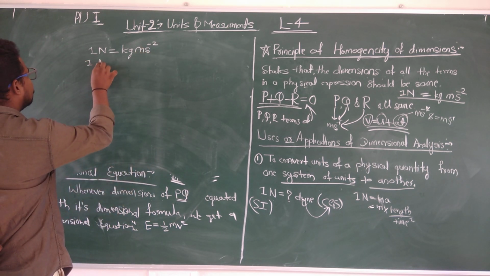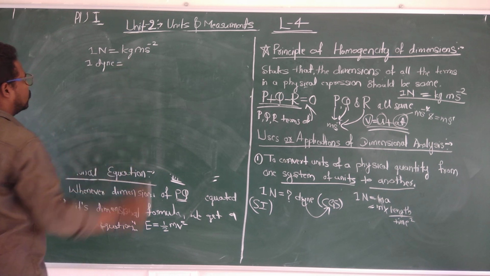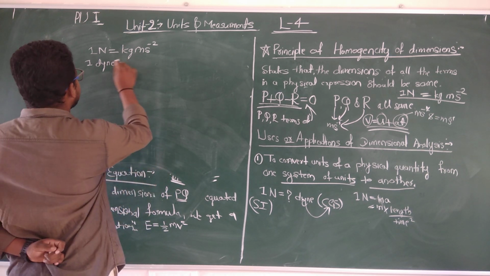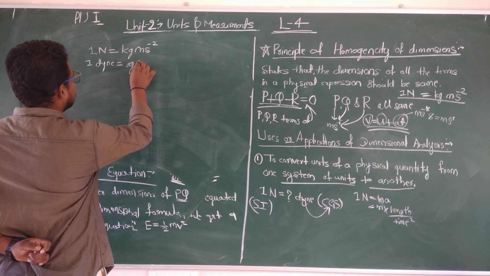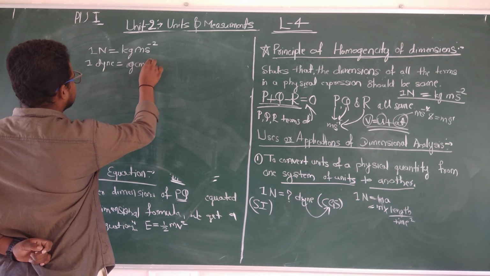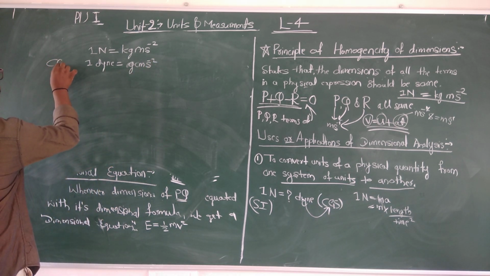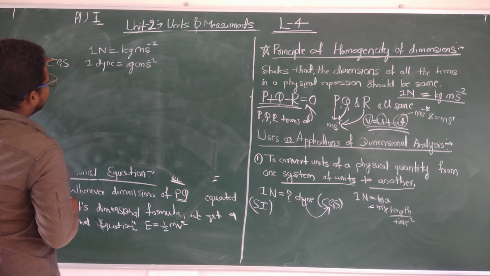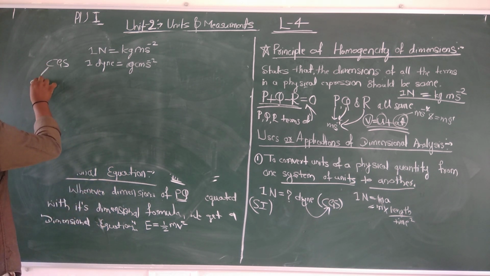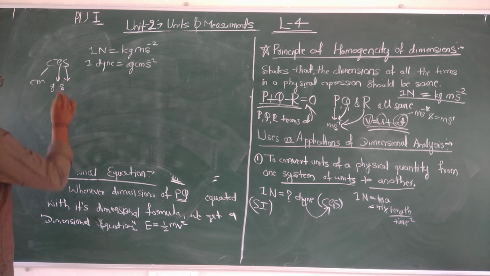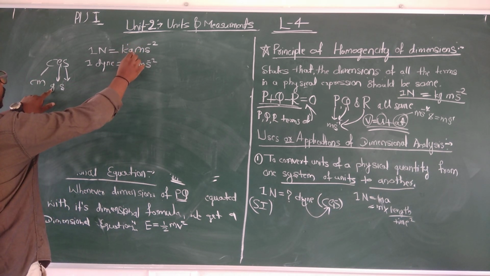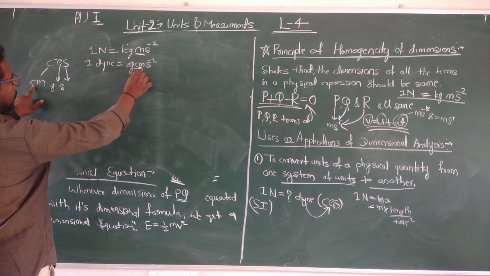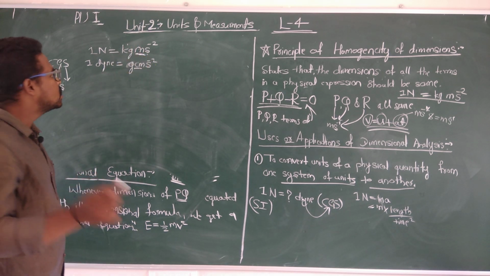So 1 dyne is equal to gram centimeter per second square in the CGS system. In CGS, length is measured in centimeter, mass in gram, and time in second. Time is the same in all the systems of units.